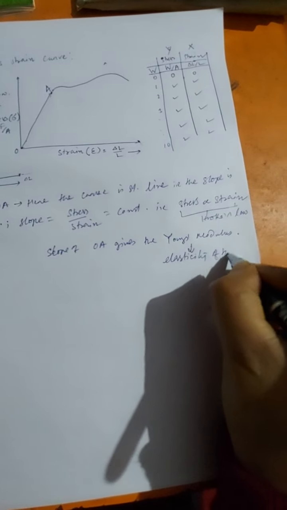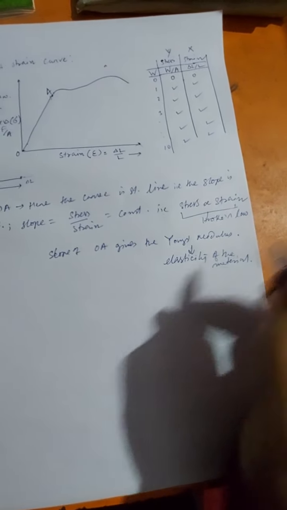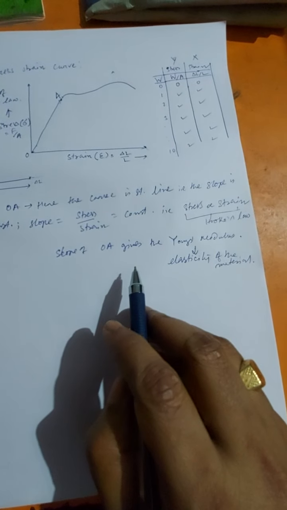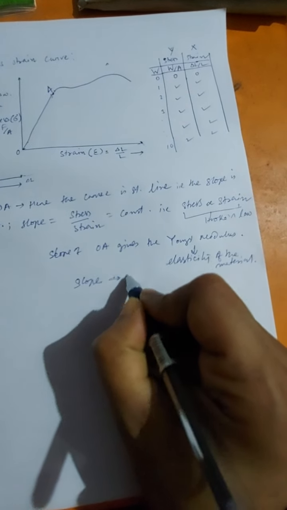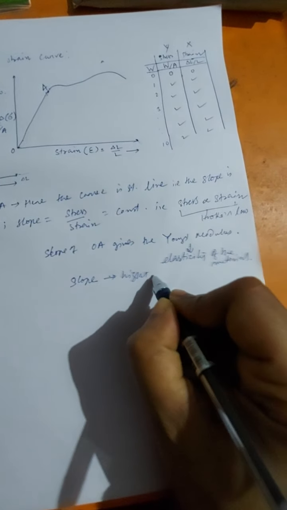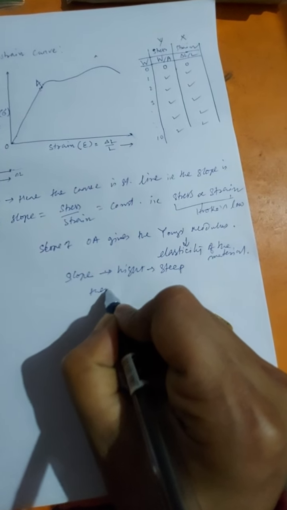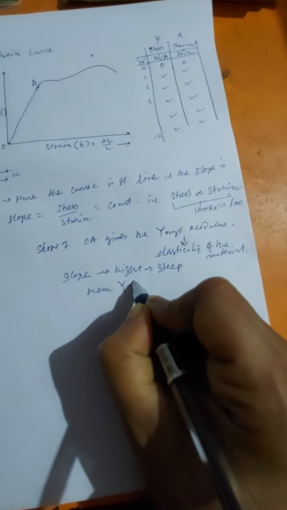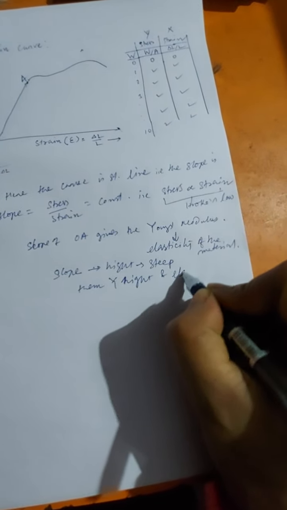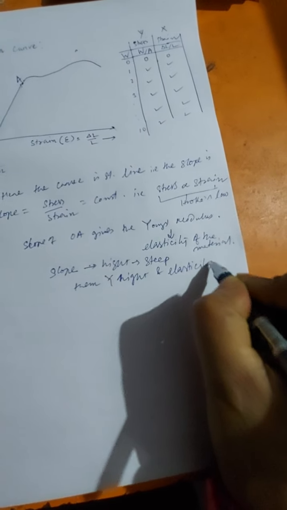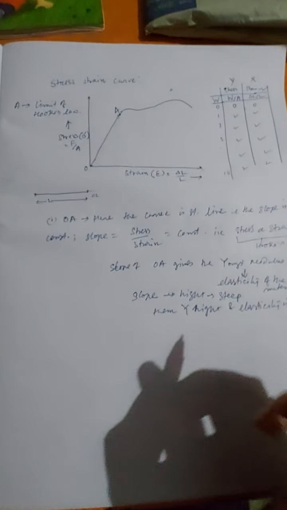So if the slope is high, that is steep, then Young's modulus is high and elasticity is high.